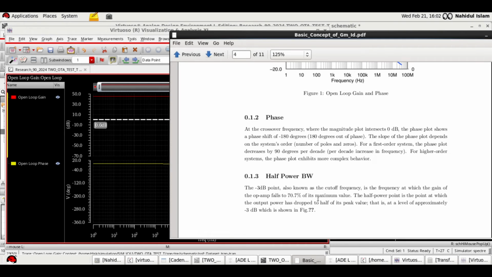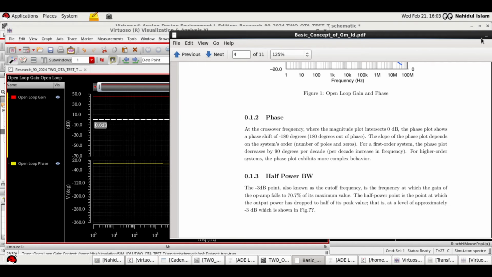It is the frequency at which the op-amp falls to 70.7 percent of the maximum value. So 70.7 is voltage, or this half power point is the point at which the output power has dropped to half of the peak value.